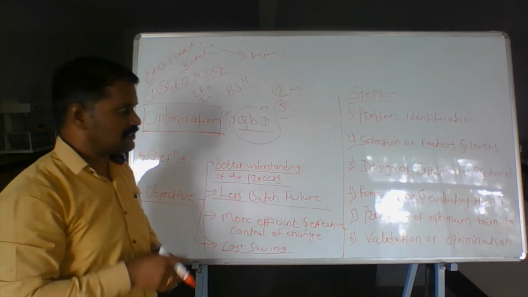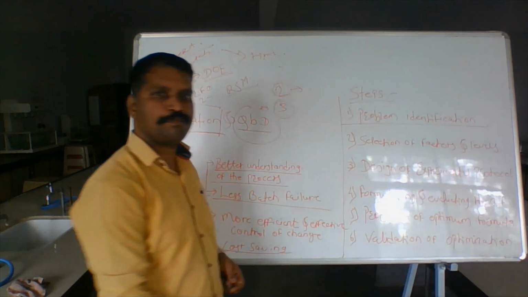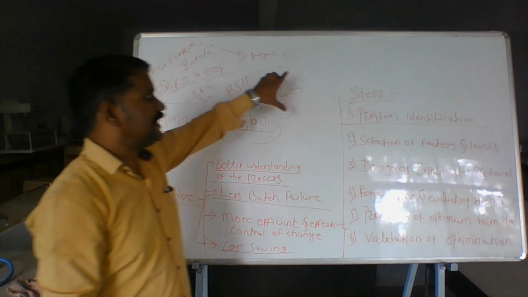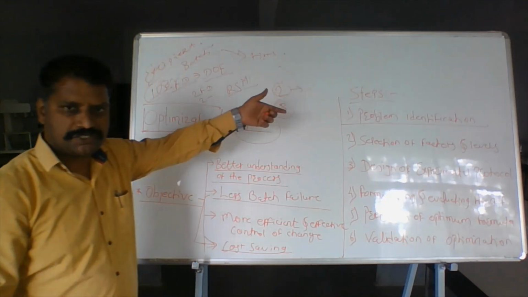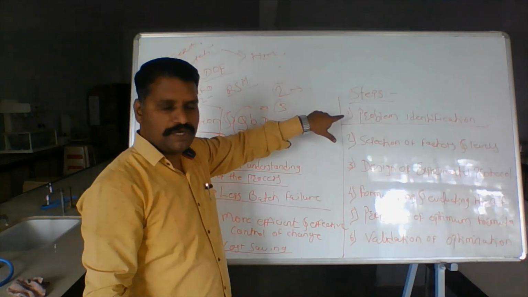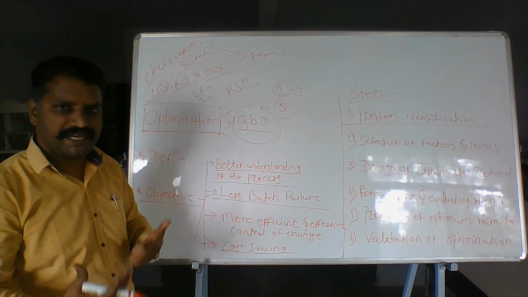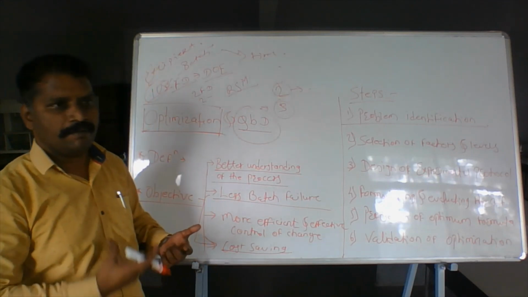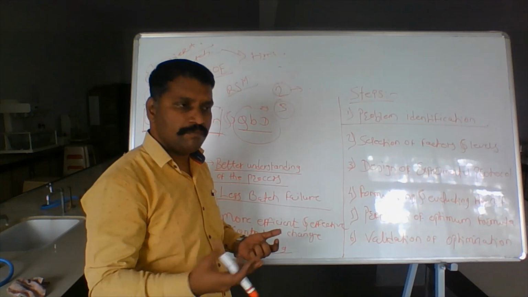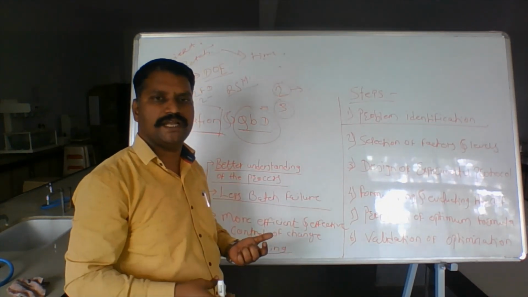So the first step is problem identification, problem definition. Take the example of a conventional, uncoated tablet. The uncoated conventional tablet has many disadvantages and limitations, like the bitter taste of a drug. So this is one problem: a bitter drug generally you cannot formulate as an uncoated tablet.